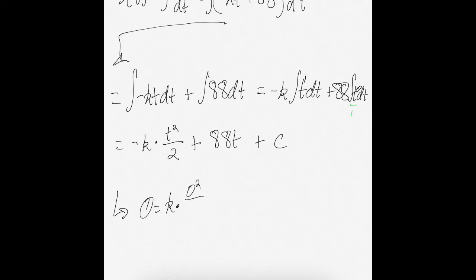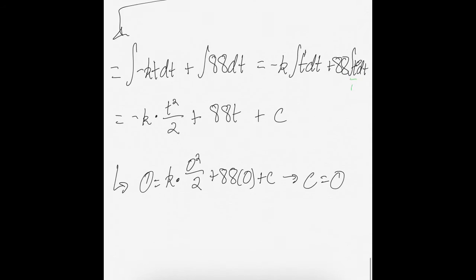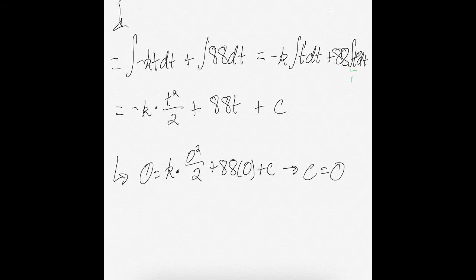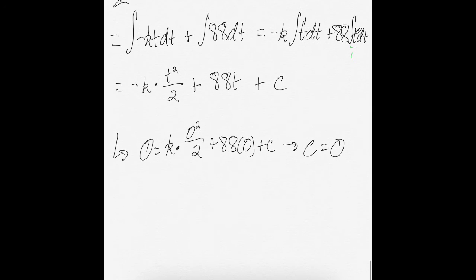Now we also know that s equals 0 when t equals 0. And we just found a formula for s, right? s of t is equal to this formula, which means that 0 equals negative k times 0 squared over 2 plus 88 times 0 plus c. And that means that c equals 0, right?